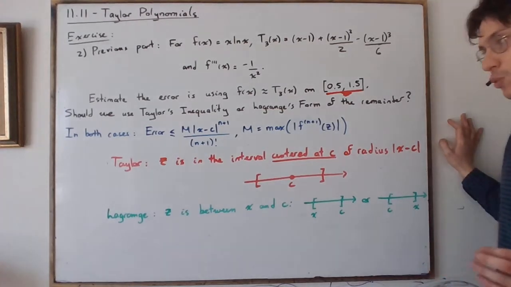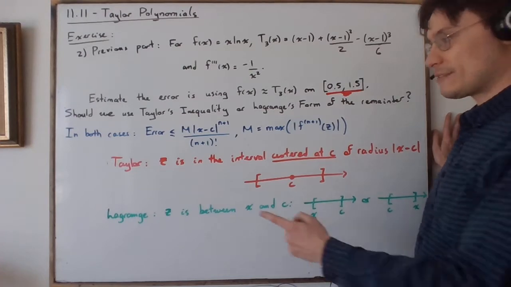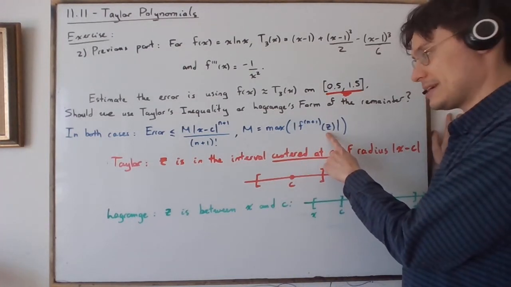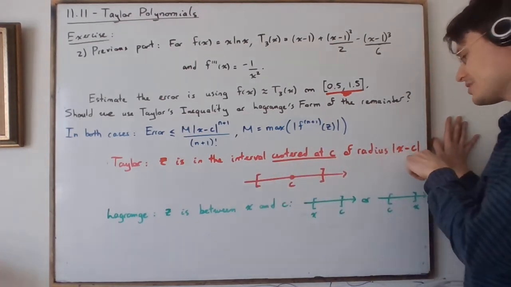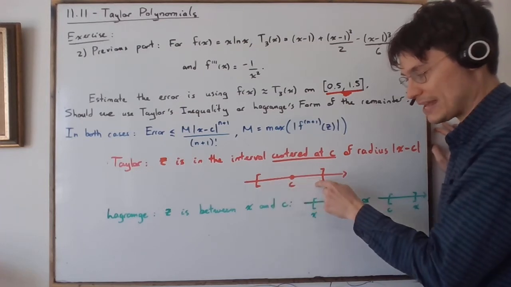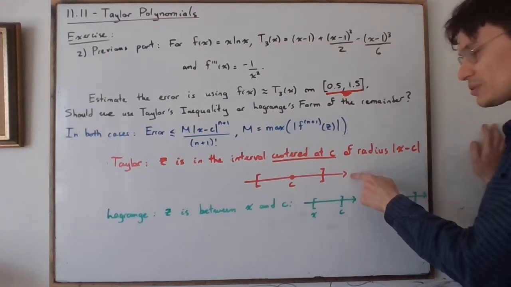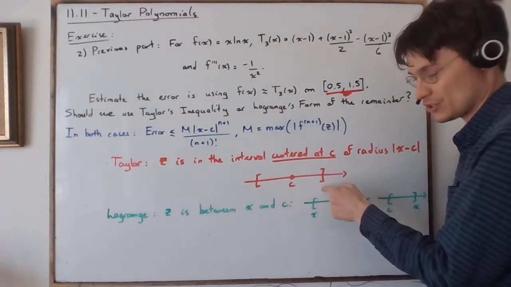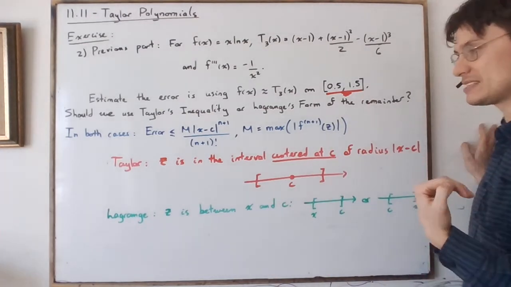Now the difference between Taylor's inequality and Lagrange's form of the remainder is that for Taylor's inequality, this variable z right here is in the interval centered at c of radius |x minus c|. So it could be anywhere here, but also anywhere here. This is like the z-axis, and x is one of these two values. We just don't know which one. Sometimes it's below c, sometimes it's after c.